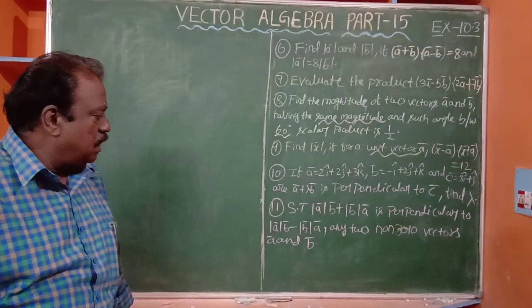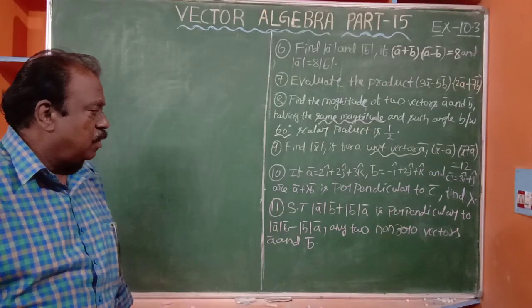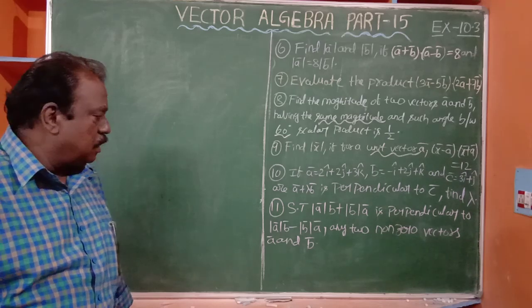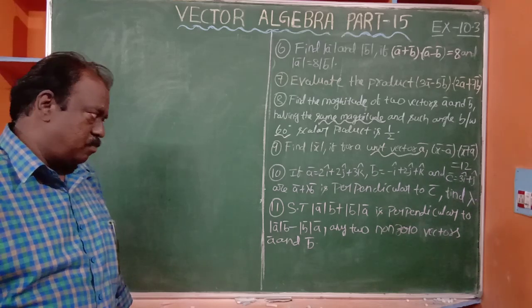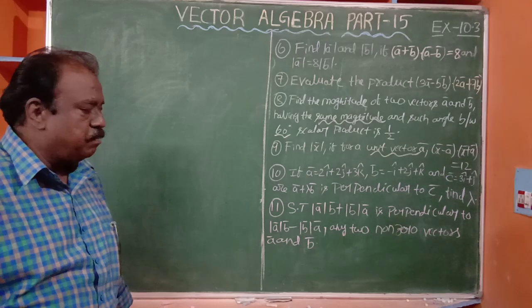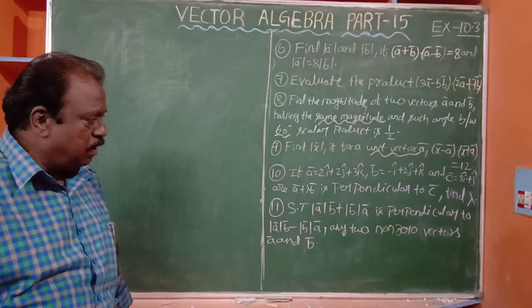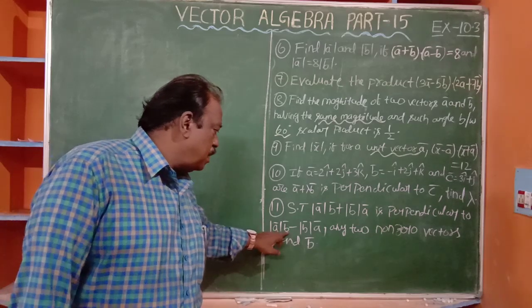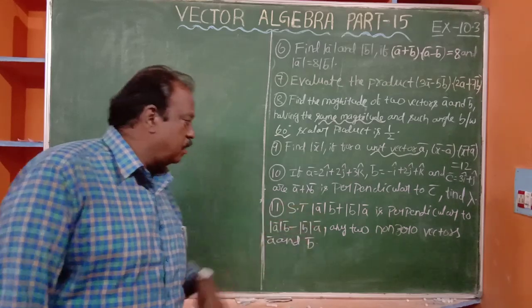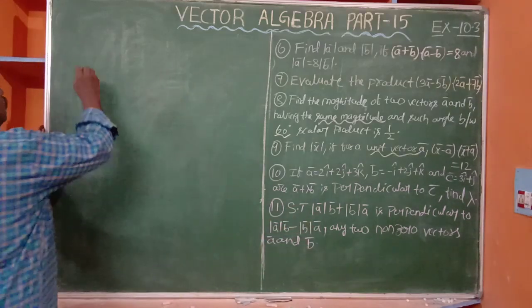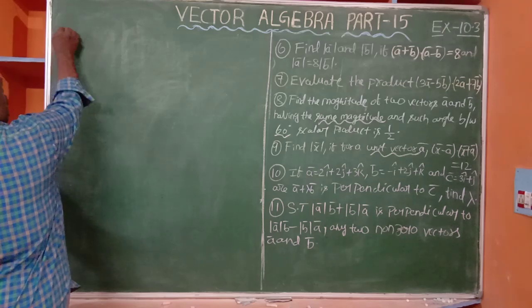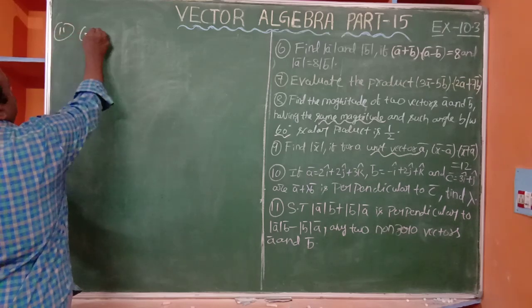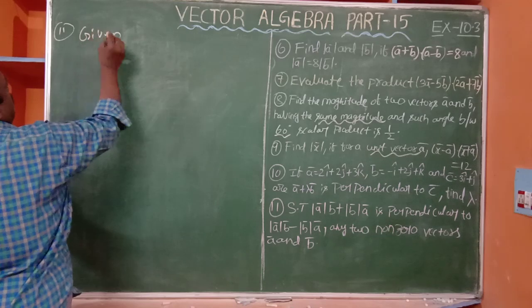Okay, 11th problem. We have to show that mod A bar times B bar plus mod B bar times A bar is perpendicular to mod A bar times B bar minus mod B bar times A bar. What is given?